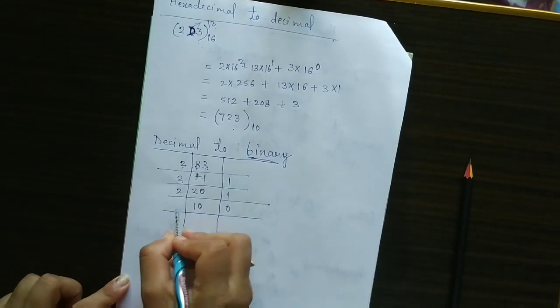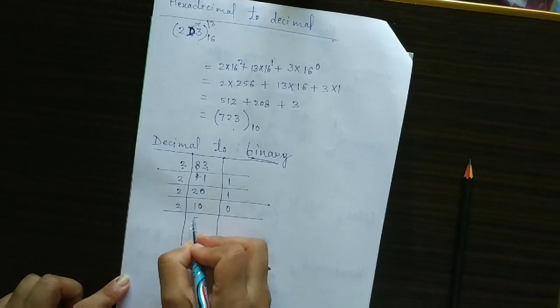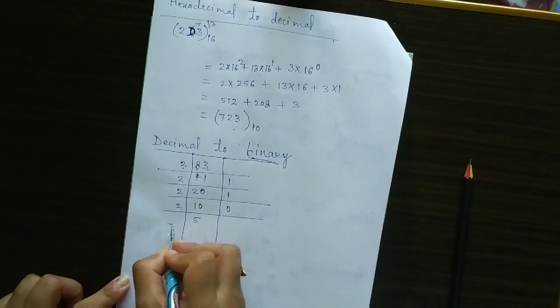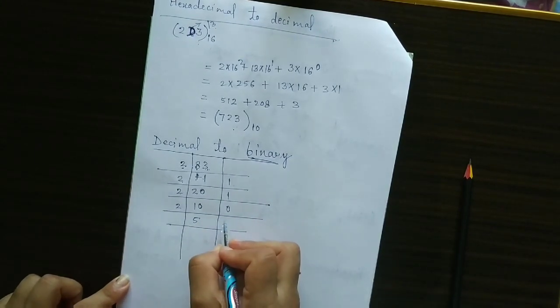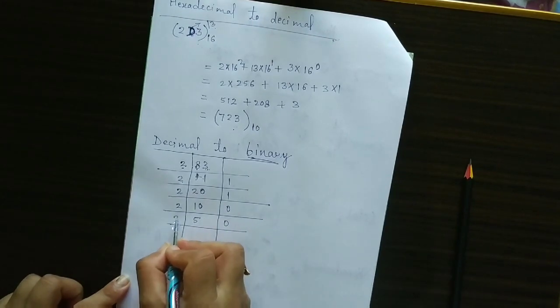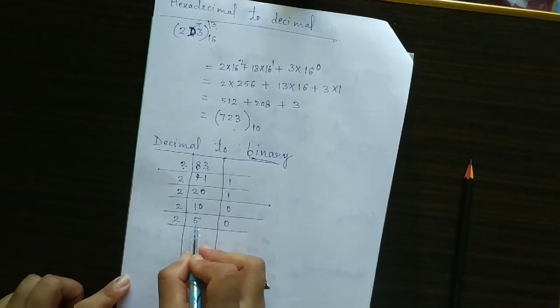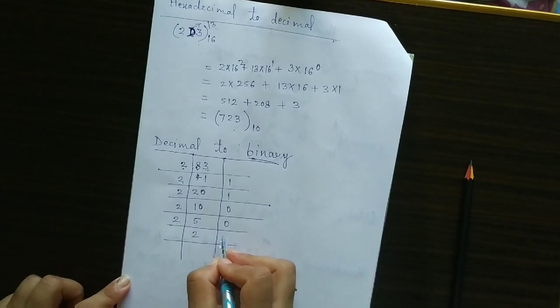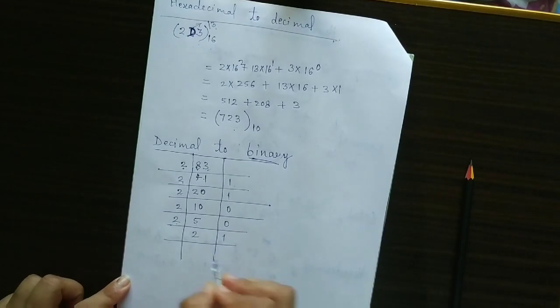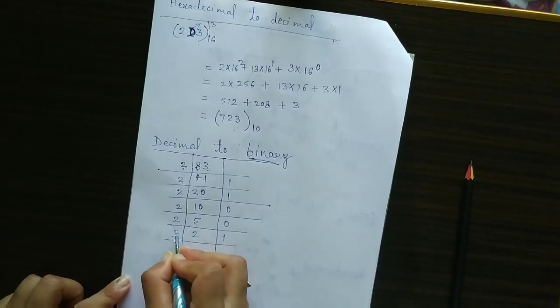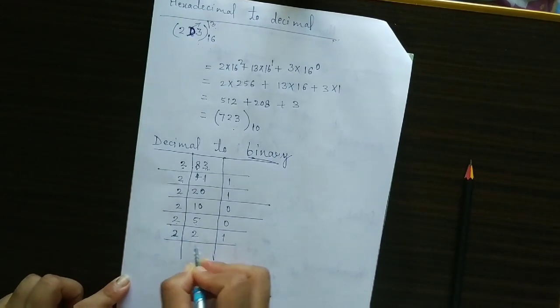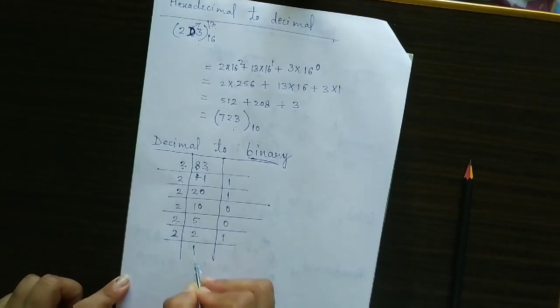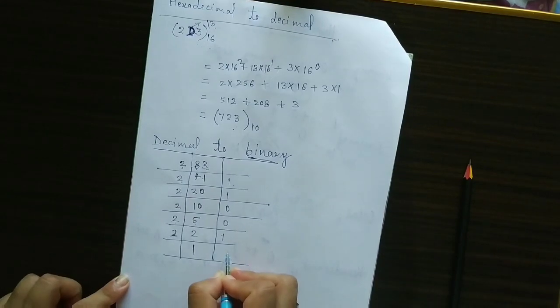Remainder 0. Again divide by 2. 2 5s are 10. Remainder 0. Again divide by 2. 2 2s are 4. Remainder 1. 2 1s are 2 and remainder 0.